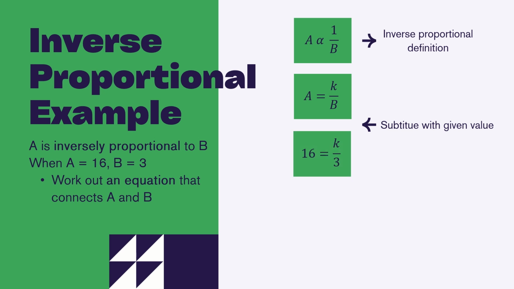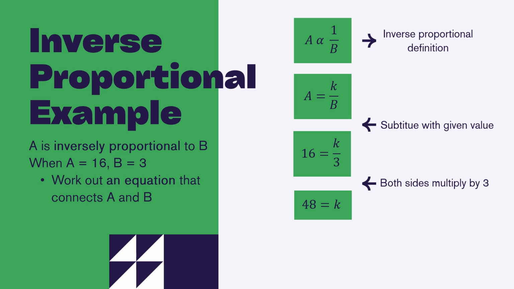So A is 16 and B is 3, so we have 16 is equal to k over 3. Now we solve this to find the value of k. We multiply both sides by 3. If you multiply the left by 3, we've got 48.